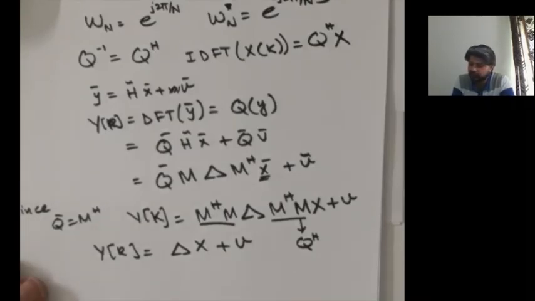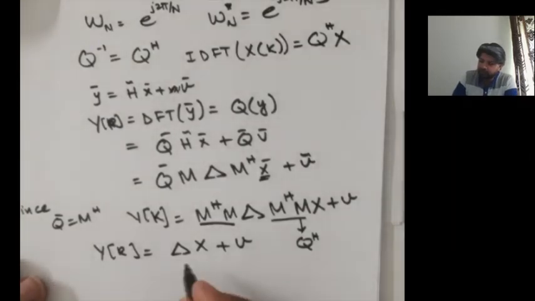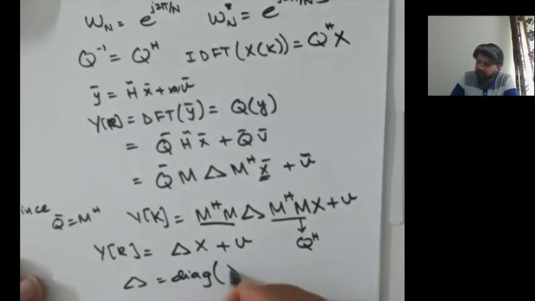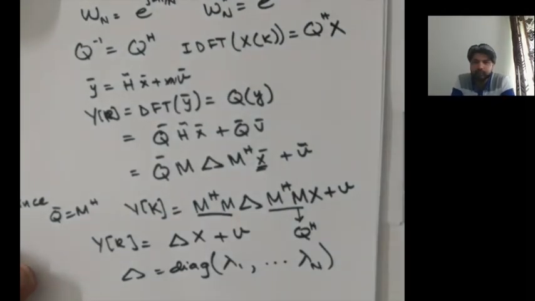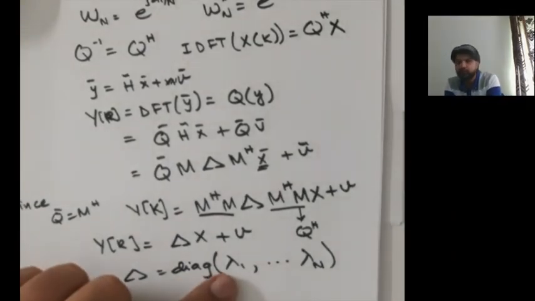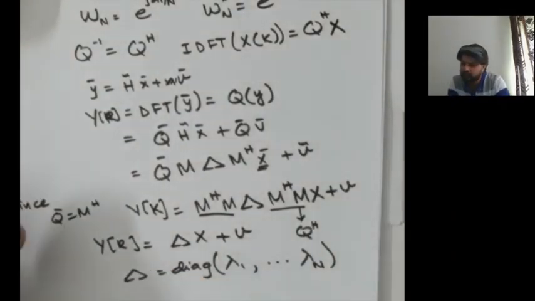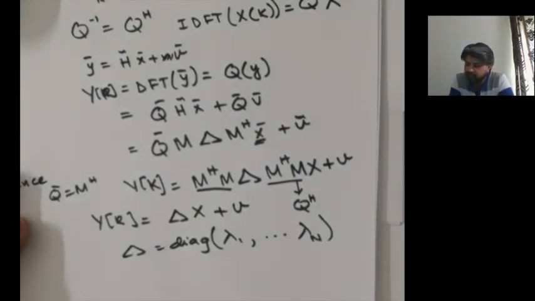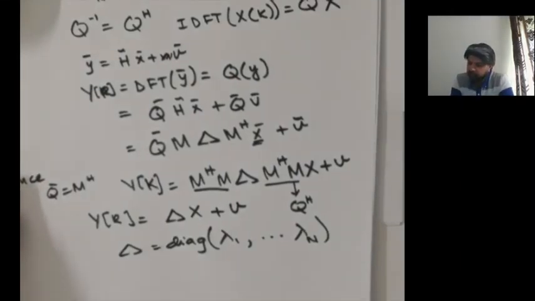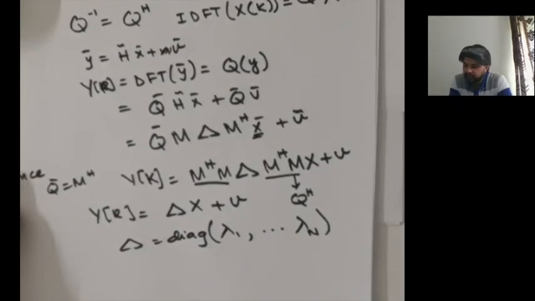So this is a diagonal matrix. Delta is a diagonal matrix and it contains the eigenvalues lambda 1 all the way to lambda n, right? And you typically put it in a descending order. That means lambda 1 would be the highest and lambda n would be the lowest eigenvalue of the circulant matrix H. So that is the matrix representation, right?